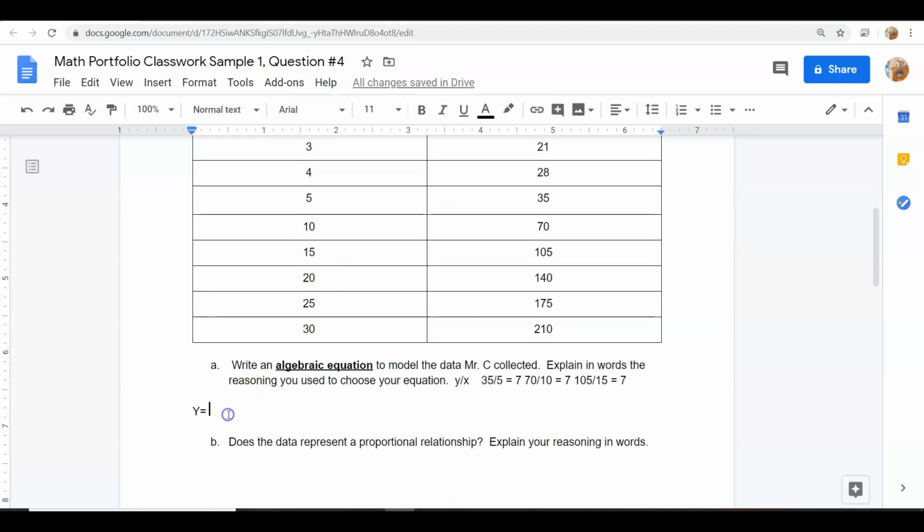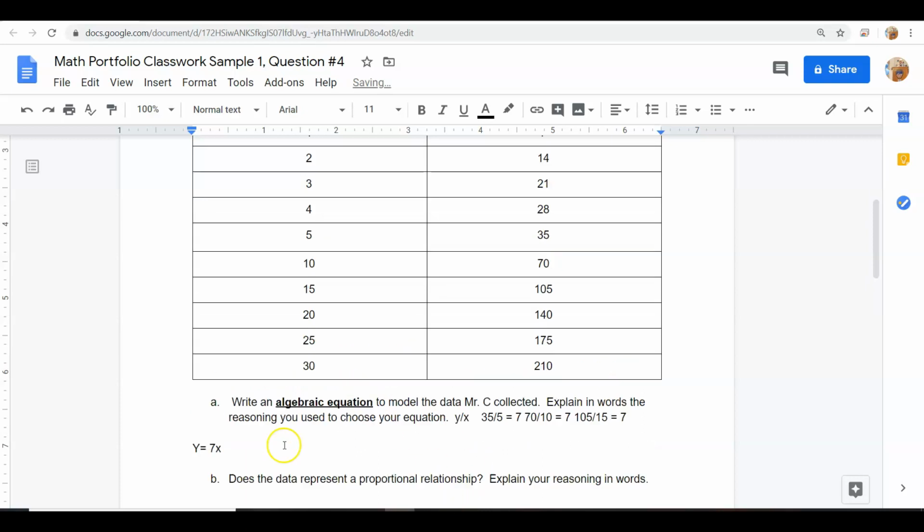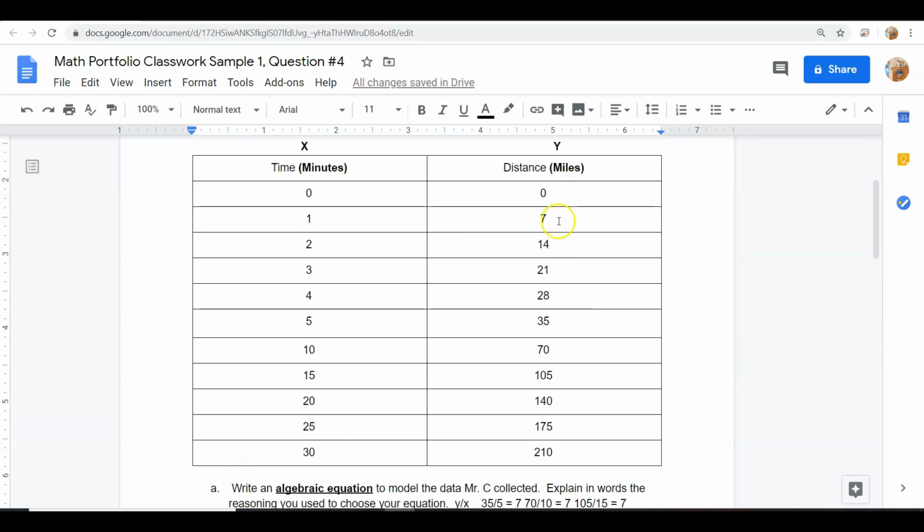But if you want to reduce that, you need to figure out how many miles we go every 1 minute. So when you write your equation, you do 7x. But why do we do 7x? So if you look at how 7 compares to 1, 14 relates to 2. What could we do with this number to get this number? And for all of these numbers for the minutes, all we have to do is multiply this number times 7.